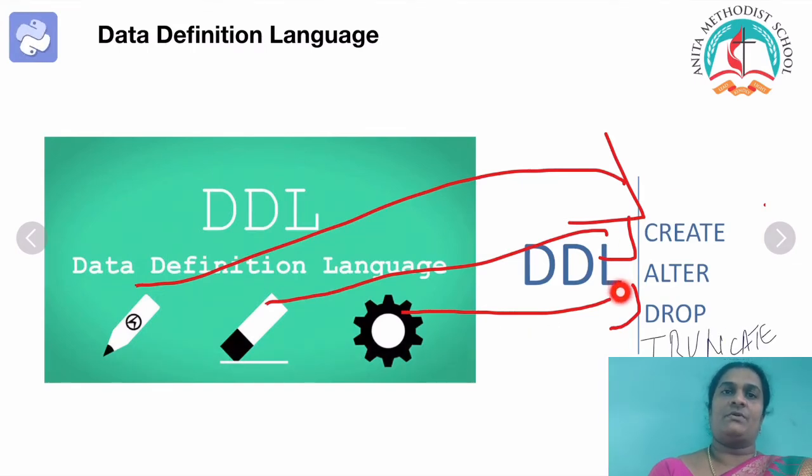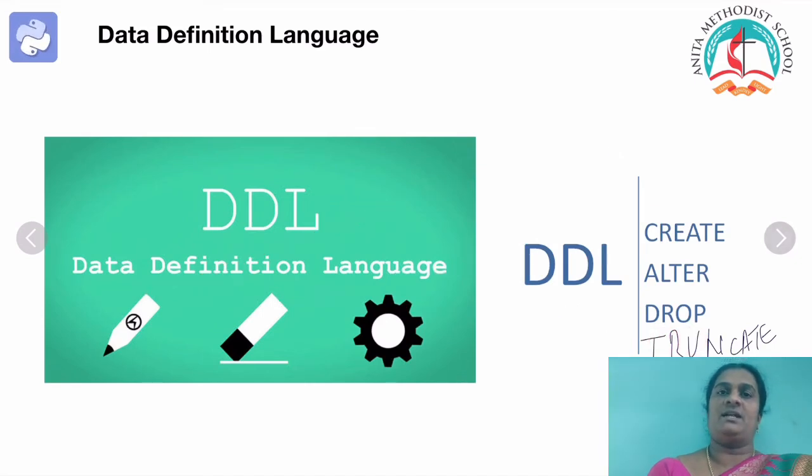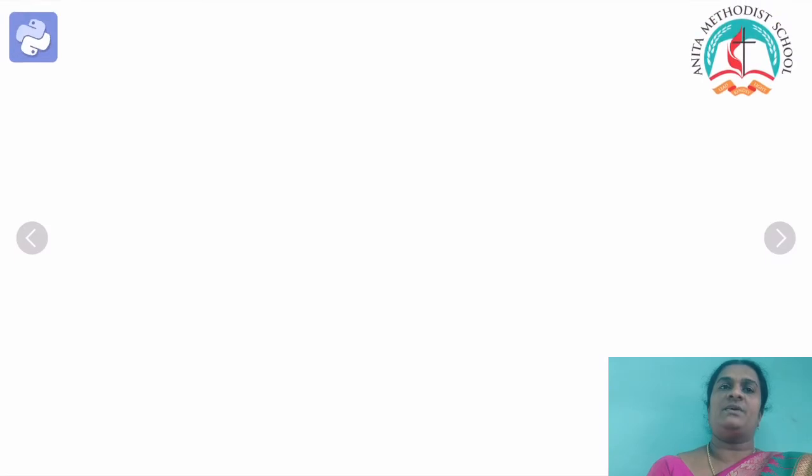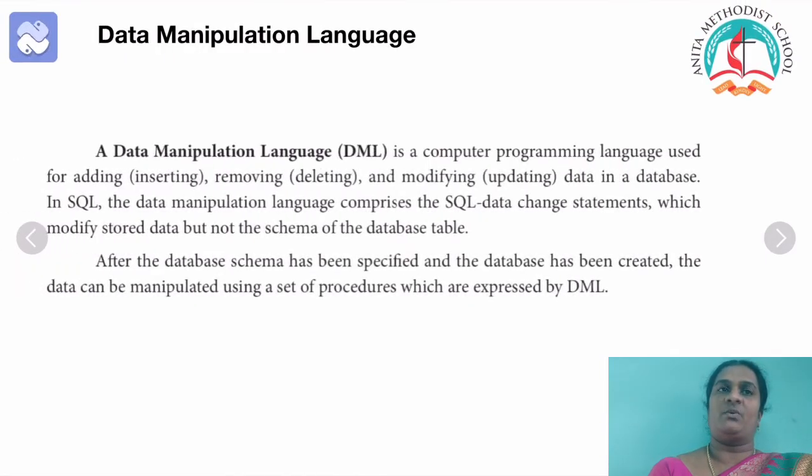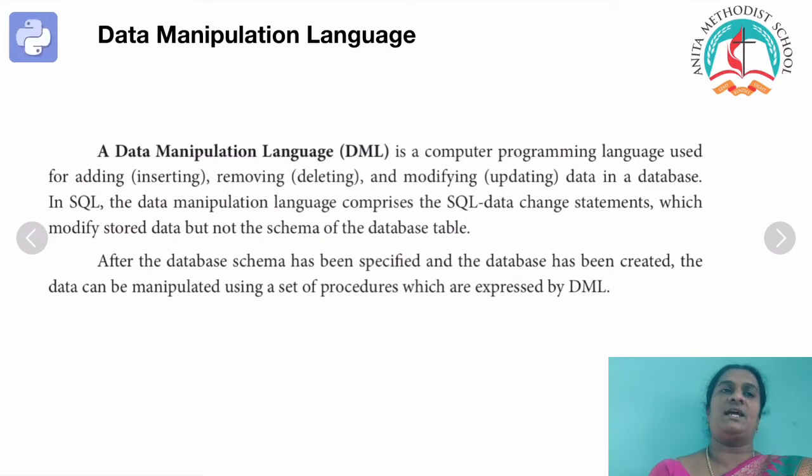Correct. So create, alter, drop, and then truncate. These are the 4 commands we are going to use in the database. So create a database, alter the data in a database, delete data in a database, truncate, do some modifications in the database. Okay. Next we are going to see about data manipulation language. So what is data manipulation language?